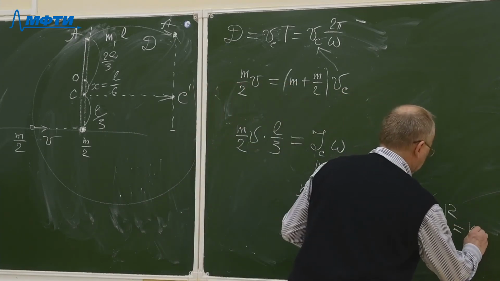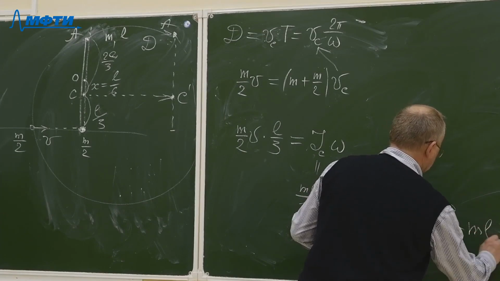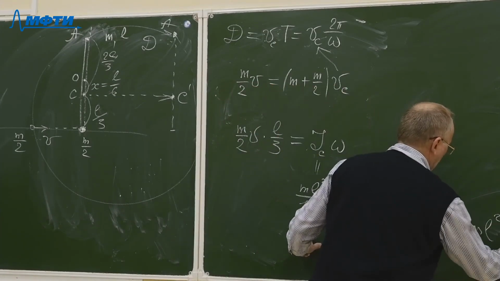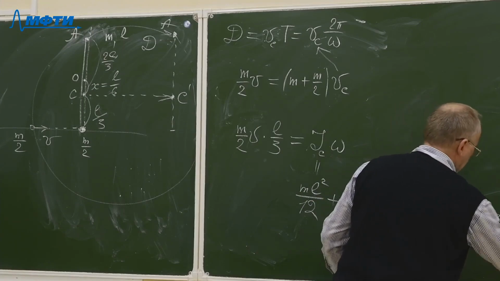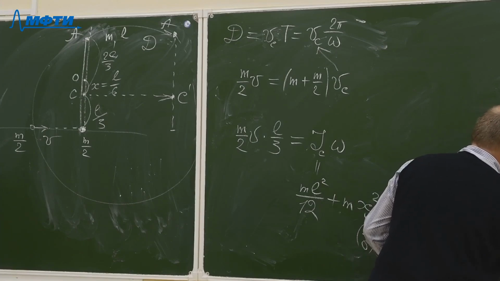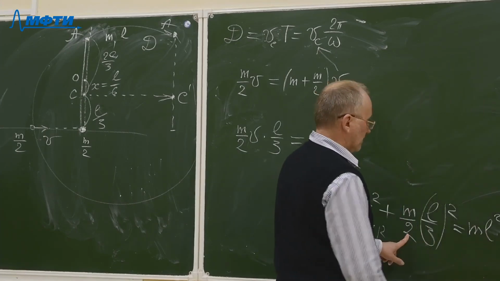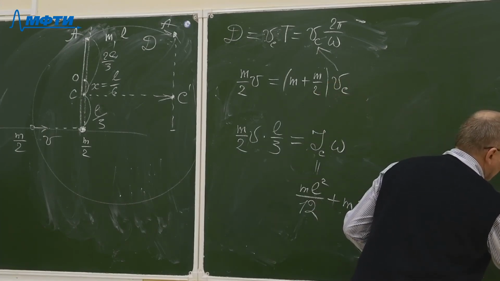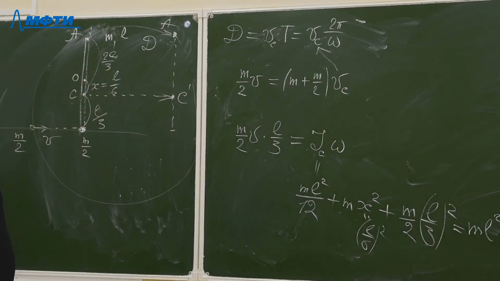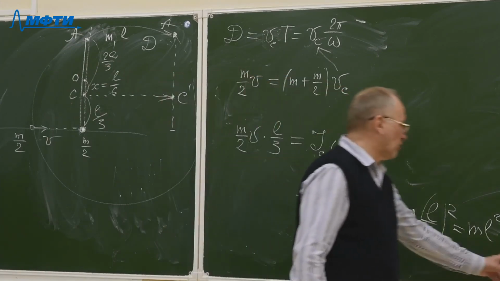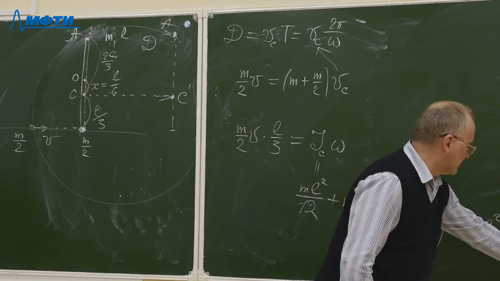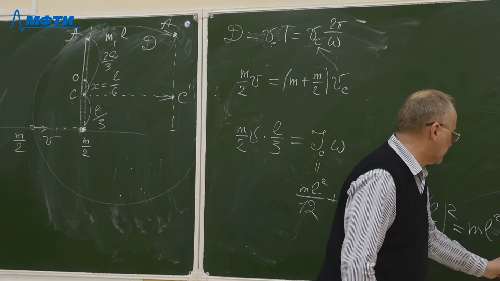So what will the total moment of inertia be? m can be factored, L squared can be factored, and here we will have 1/12 plus 1/36 plus 1/9 times 2, so that will be 18. The common denominator will be 36, and you multiply this term by 2 and this term by 3.